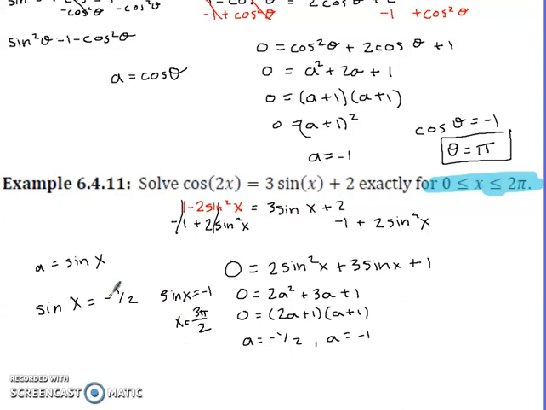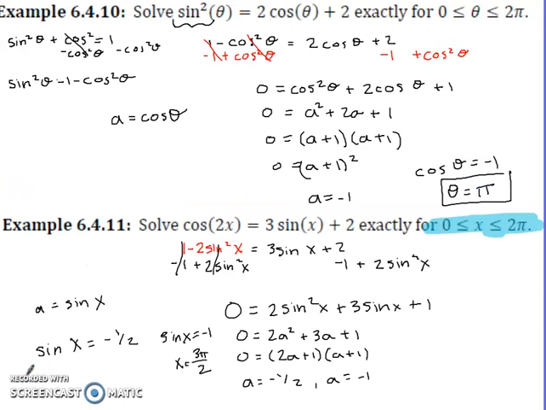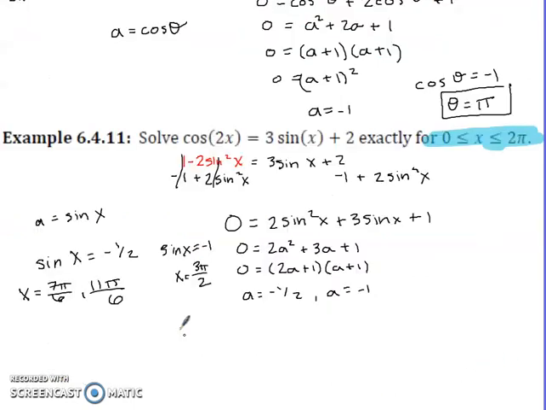Sine is -1/2 on the unit circle at the values of x being 7 pi over 6 and 11 pi over 6. So I have three solutions to my equation. x could be 3 pi over 2, x could be 7 pi over 6, or 11 pi over 6.